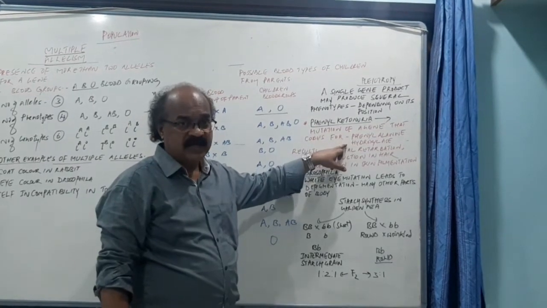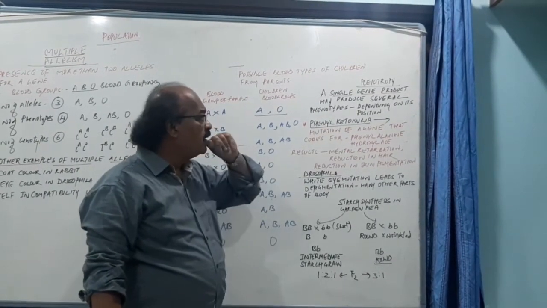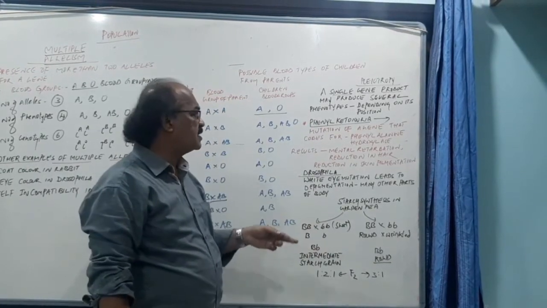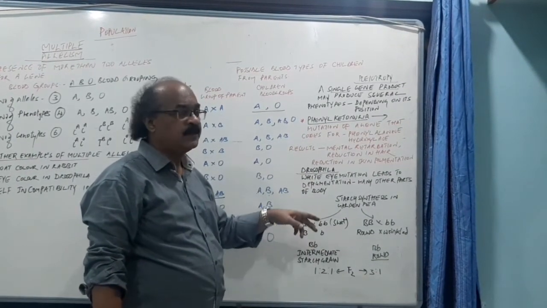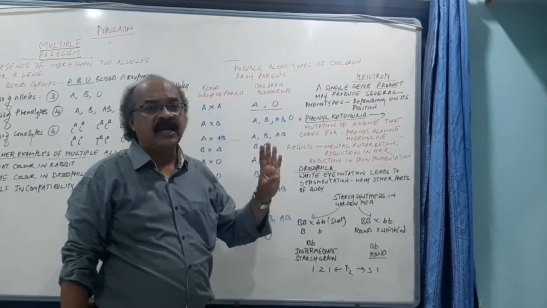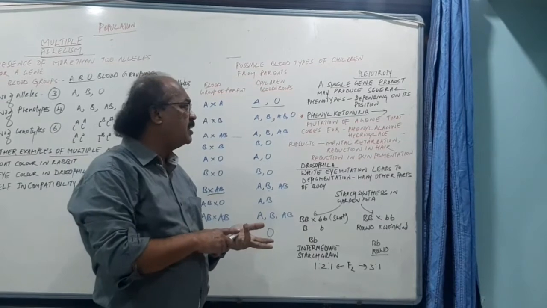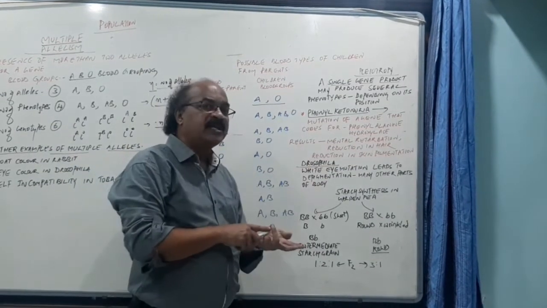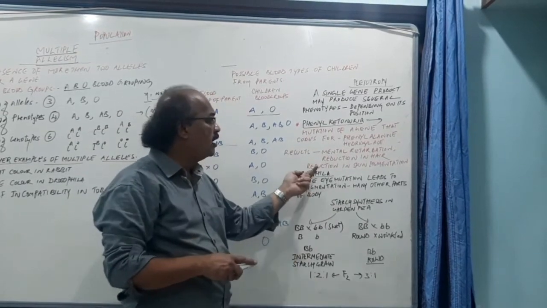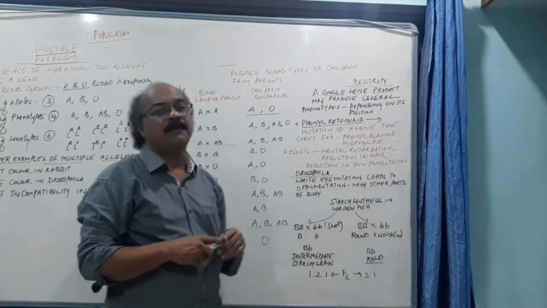But when that gene is undergoing mutations, mental retardation may happen, reduction in hair may happen, reduction in skin pigmentation may happen.